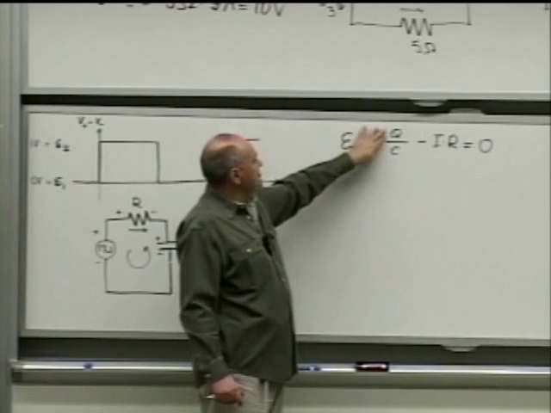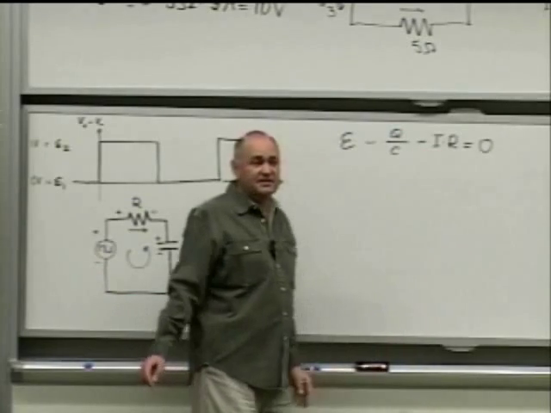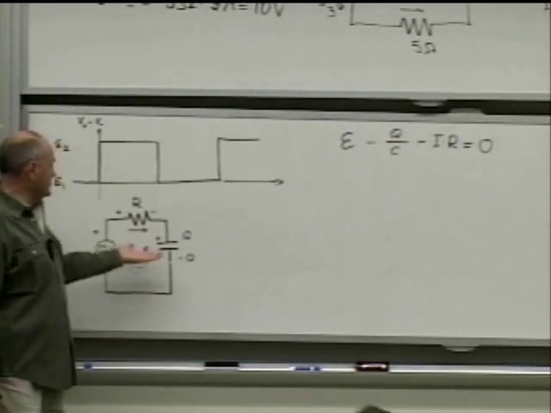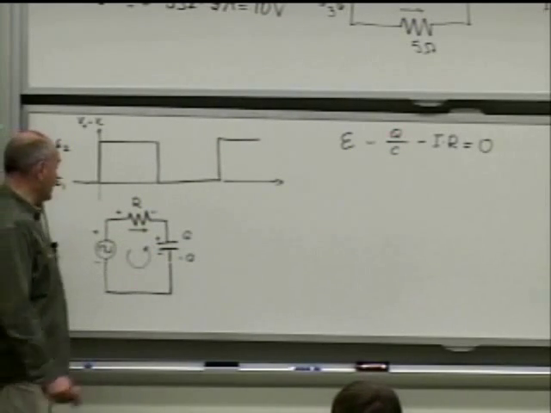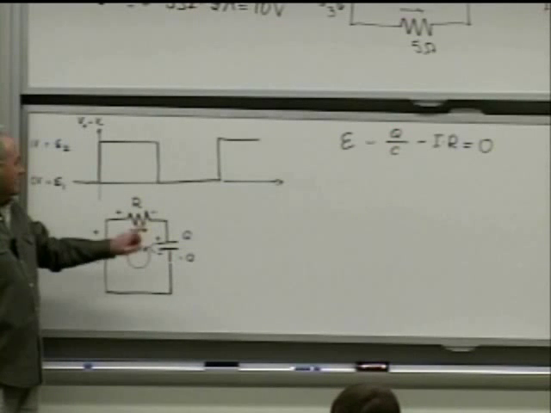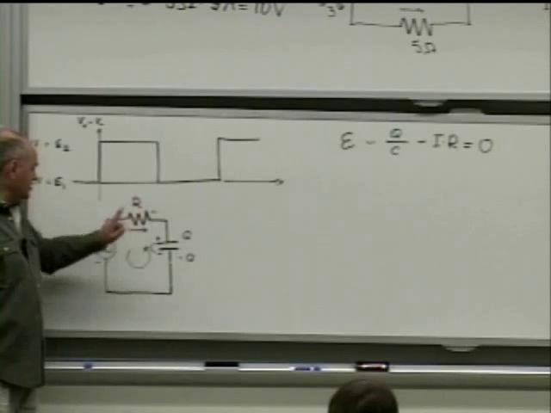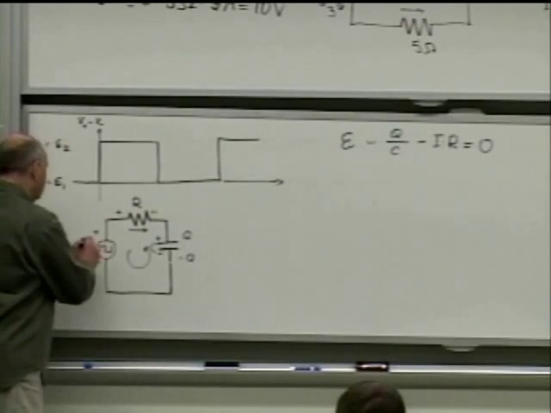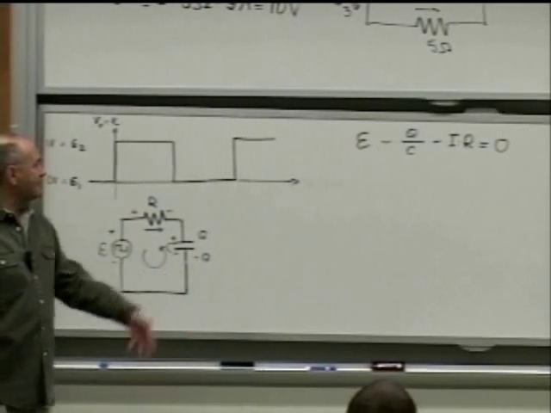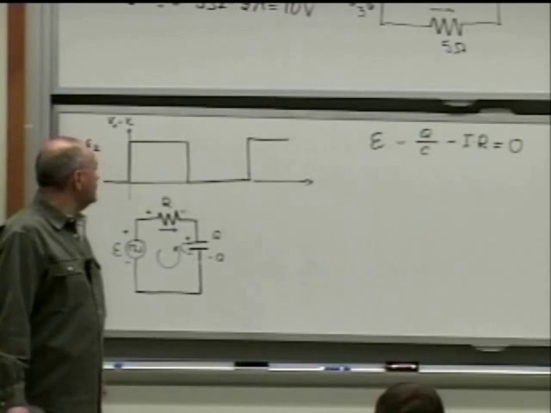I don't know what is the charge on the capacitor, and I don't know what current flows in the circuit. But when I have a circuit, I usually know the capacitance of the capacitor and the resistance of the resistor. So consider that capacitance, resistance, and electromotive force are given. Now we have to solve this equation, therefore, for current and charge.